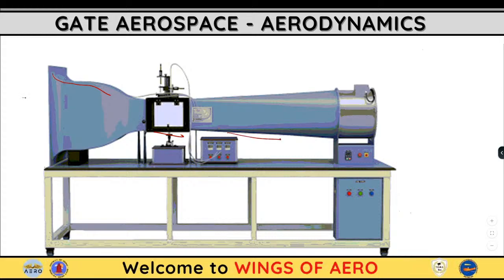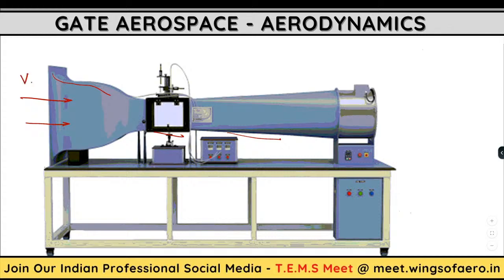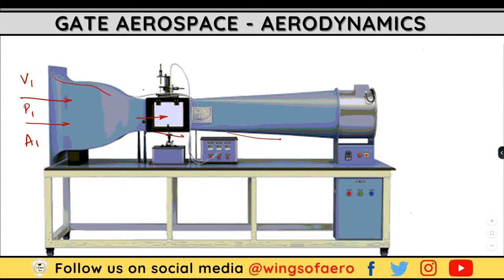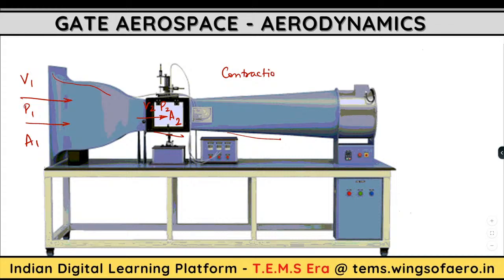Now, let's consider the air entering the wind tunnel as V1, A1, and when it's entering the test section it is V2, A2. Then the contraction ratio.